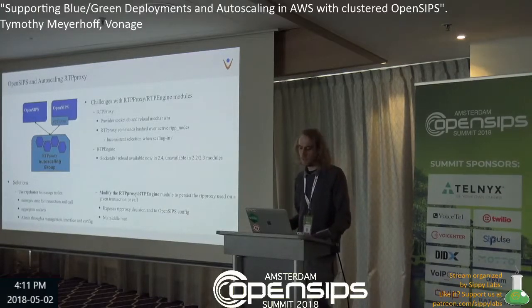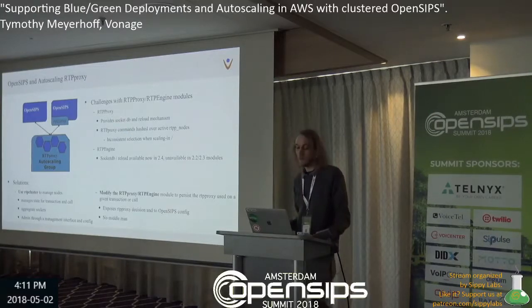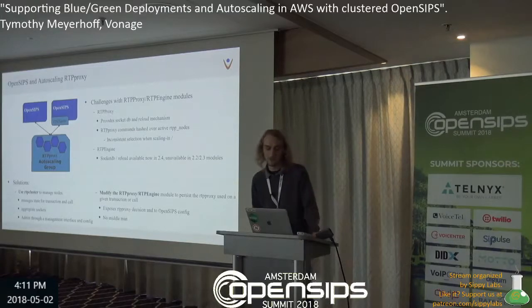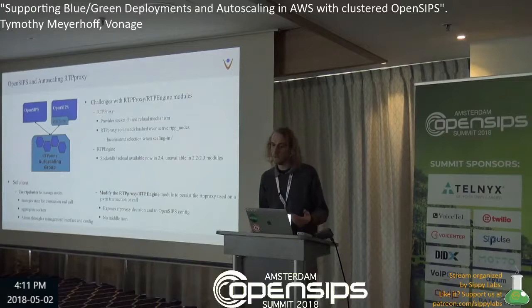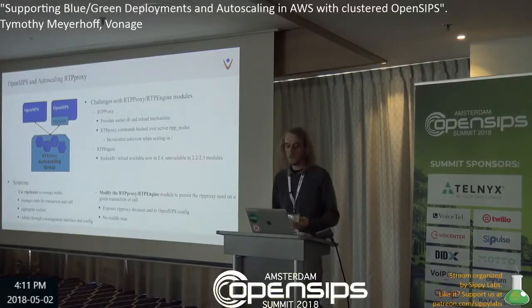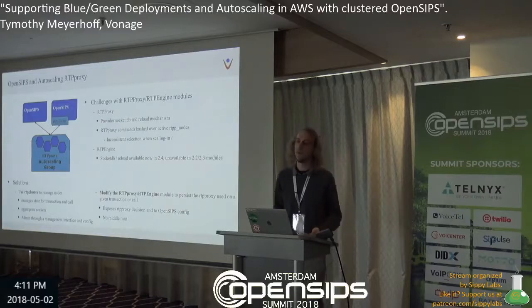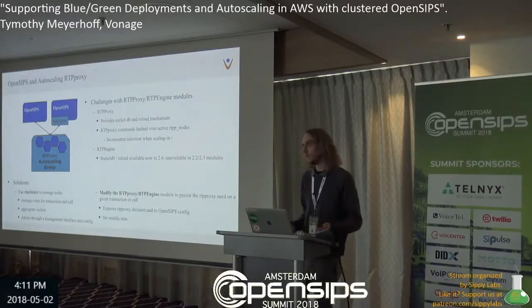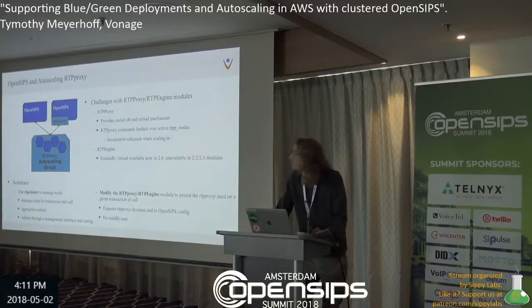That part's already in there, but then when the answer comes back, I can choose specifically to use that same RTP proxy socket again, and then I can put it into a dialog variable and even persist it over the call. And then I can make the choice, oh, I'm pulling this RTP proxy out, now I want to go to a new one. So you really have that dynamic way to move calls around in the infrastructure.